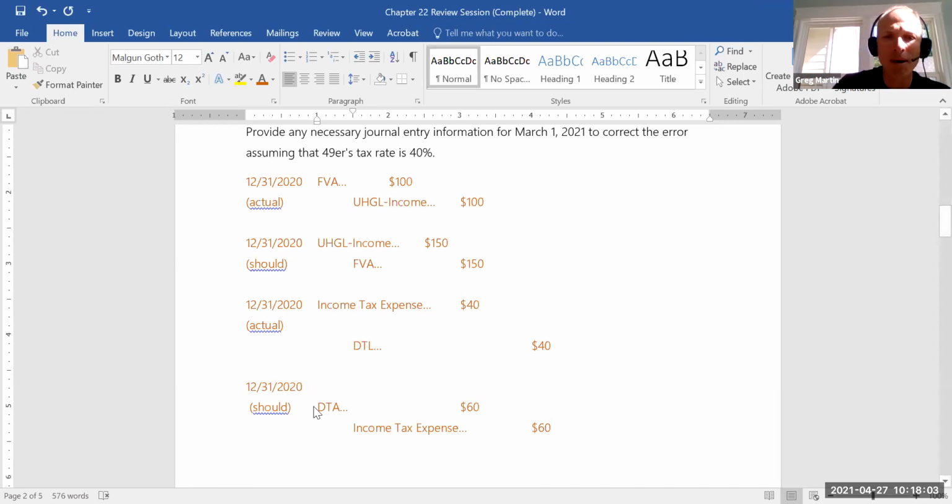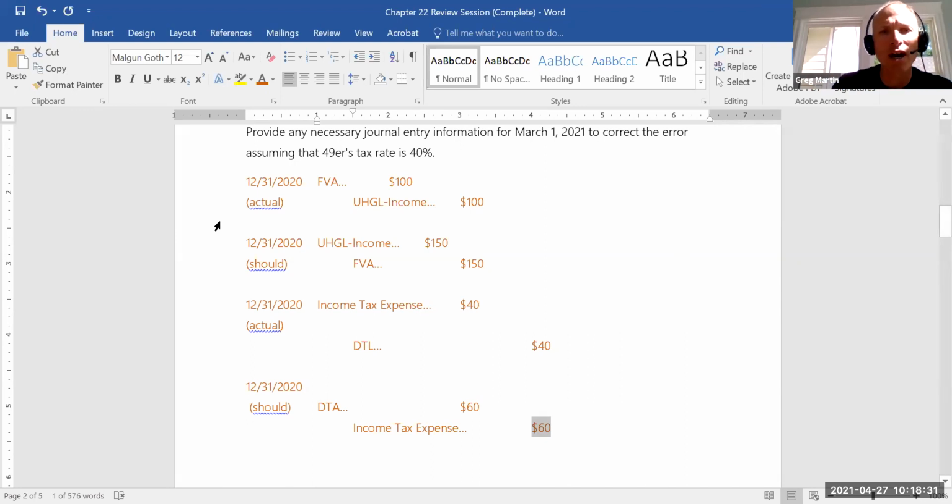So we should have debited a DTA $60, and the offsetting effect on the income tax expense is a $60 credit. So there's an income tax benefit from this DTA, right? So instead of having the income tax expense of 40, we should have really had an income tax benefit of 60. Again, this is comparing what we actually did to what we should have done. And that's the whole idea behind this.